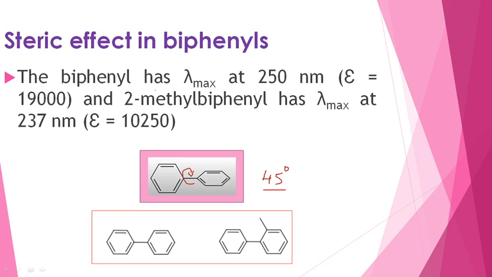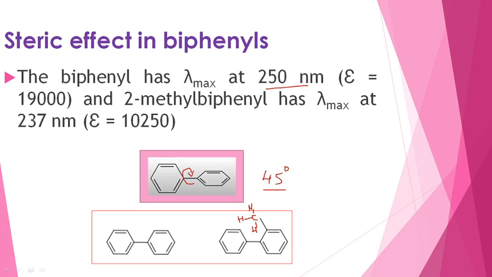For biphenyl, the lambda max will be observed at 250 nanometers. If there is a substitution at the second position, for example a methyl group, the sigma bonding electrons of the methyl group are very near to the pi bonding system of the ring.